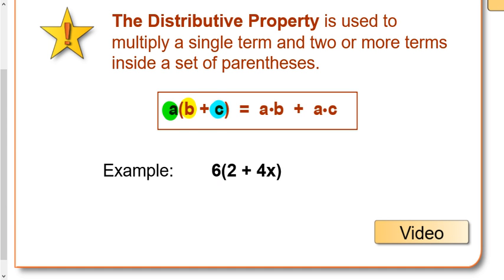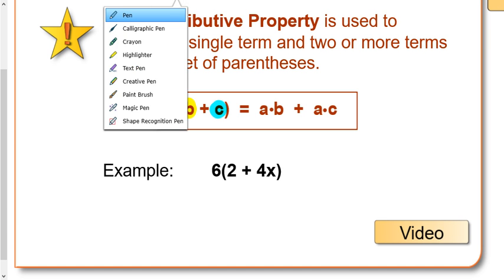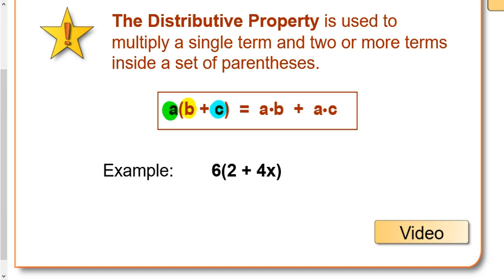Well, we can actually say that this is equal to, just like in the two examples we saw a moment ago, A times B plus A times C.